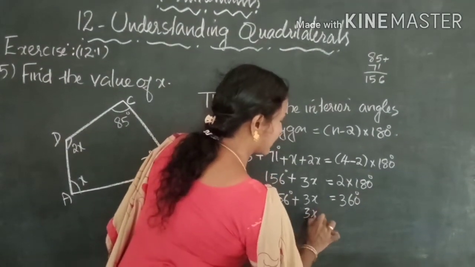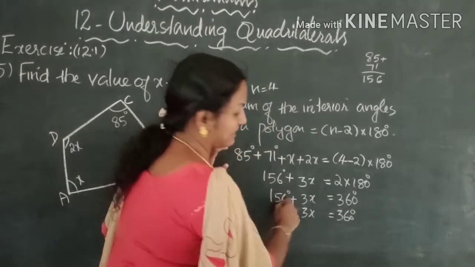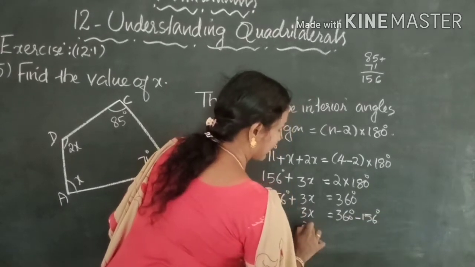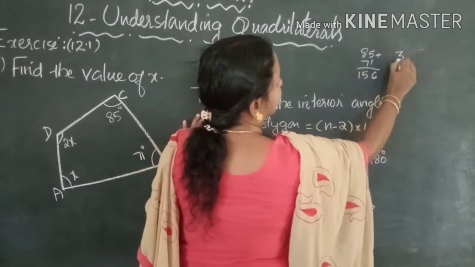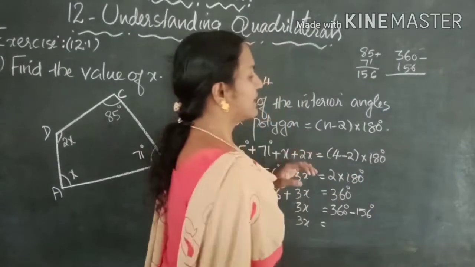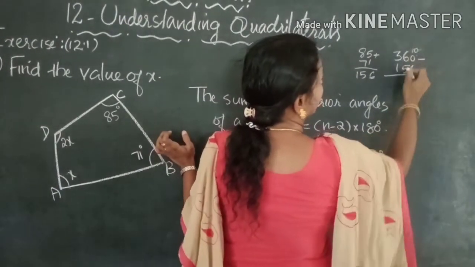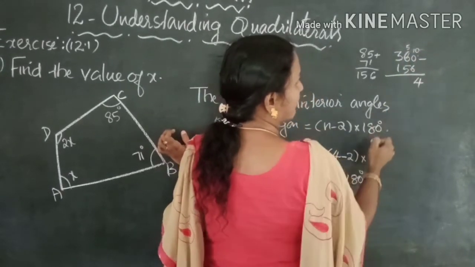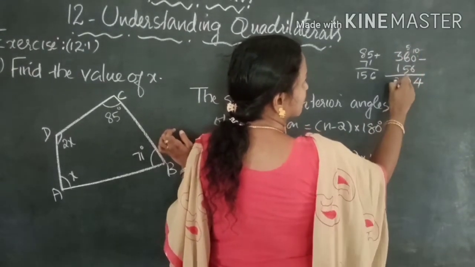So 3x is equal to 360 minus 156. 0 minus 6 is not possible, so we take 10. 10 minus 6 is 4. 5 minus 5 is 0. 3 minus 1 is 2.